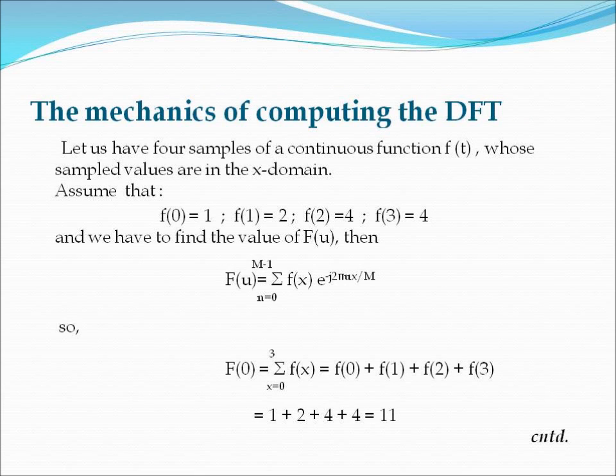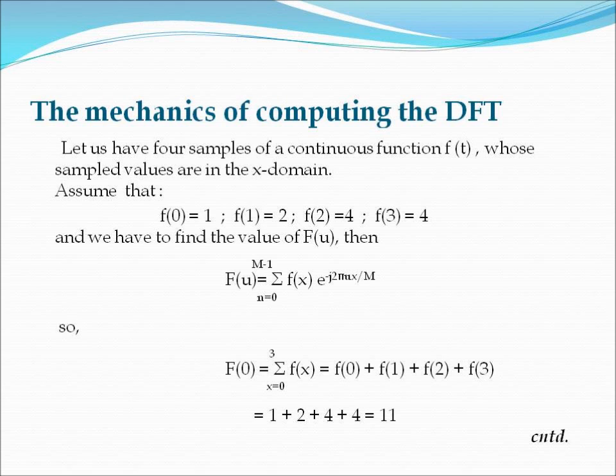To better understand the working of the discrete Fourier transform, let us take this example. Let us have 4 samples of a continuous function f(t) whose sampled values are in the x domain. The given values in the x domain are f(0) equal to 1, f(1) equal to 2, f(2) equal to 4, f(3) equal to 4. Now we have to find the values of F(u) from these values.